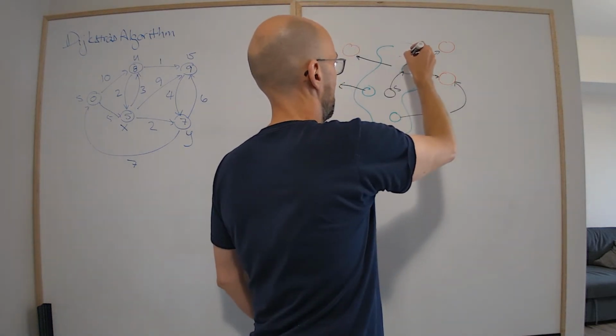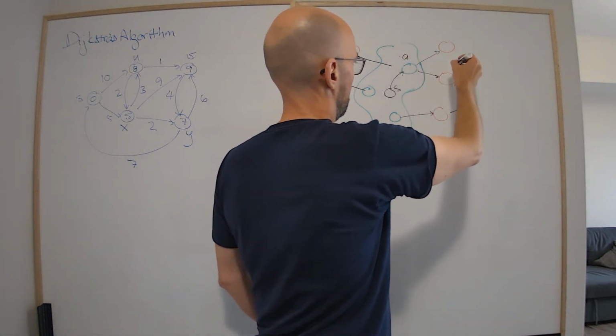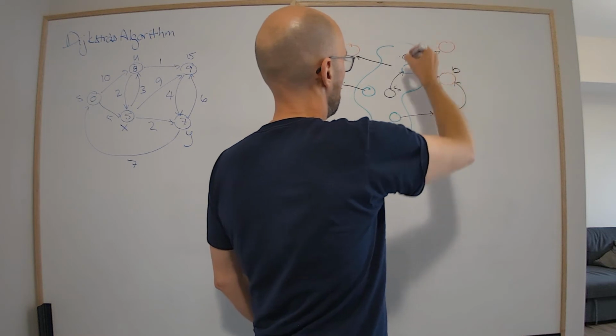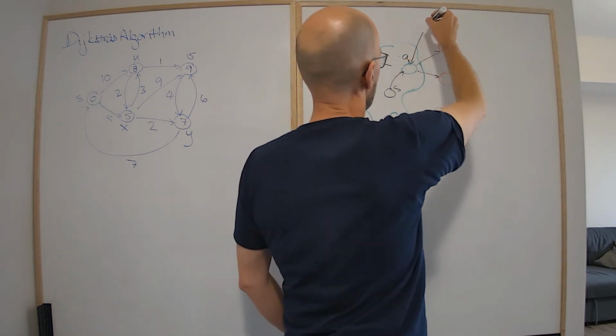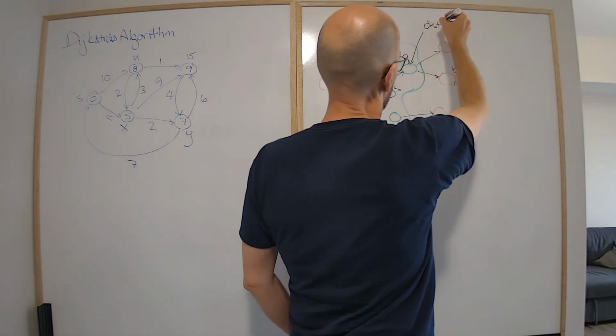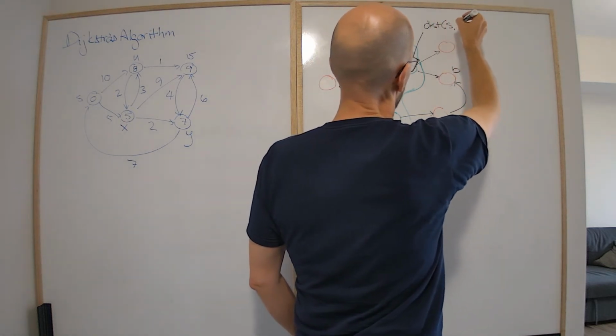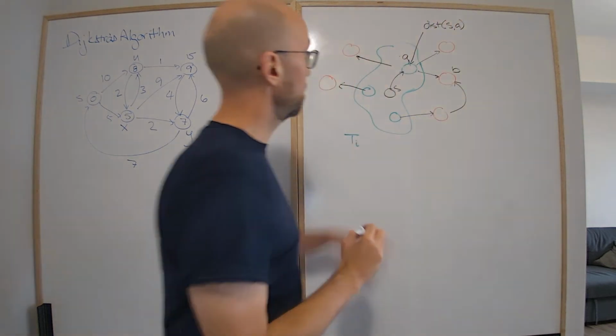This is A, and this is B. For A, we've already calculated the distance from S to A, and it is stored here.